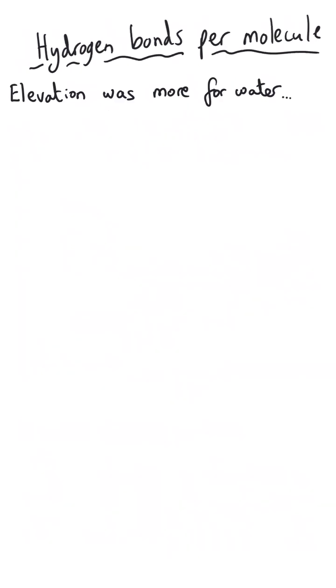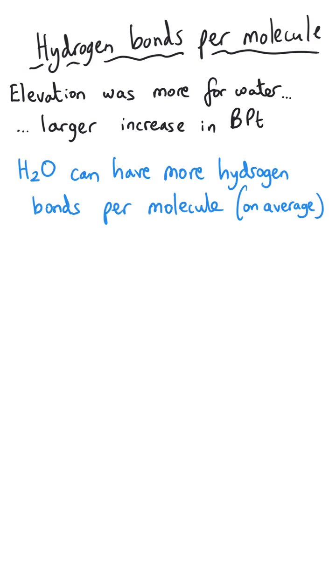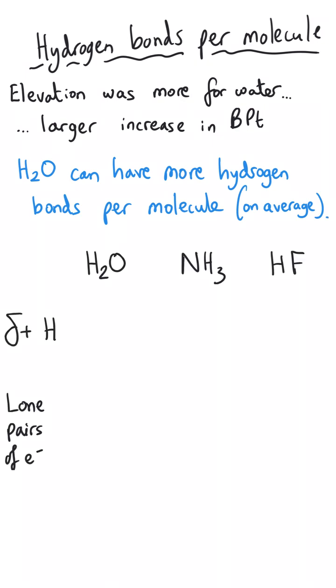You might have noticed that the elevation for water's boiling point was greater than it was for ammonia and hydrogen fluoride. And that's because water can, on average, have more hydrogen bonds per molecule than the other two. And that's down to the fact that water has 2 lone pairs on its oxygen atom and 2 electron-deficient hydrogen atoms, whereas the other two don't have that balance between those two qualities.